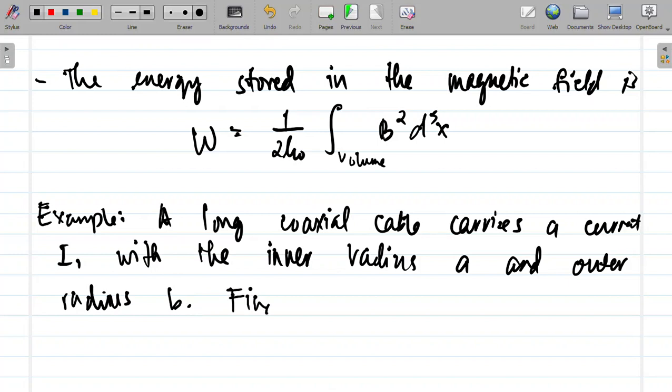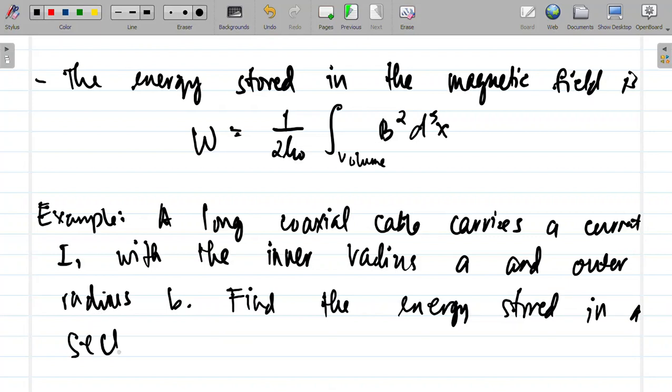Ang tanong, find the energy stored in a section of, let's say, length L.